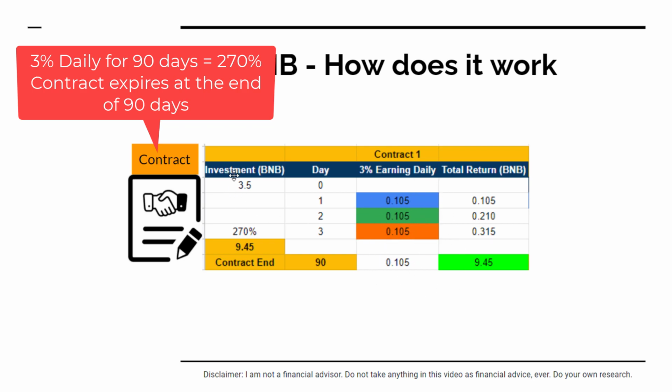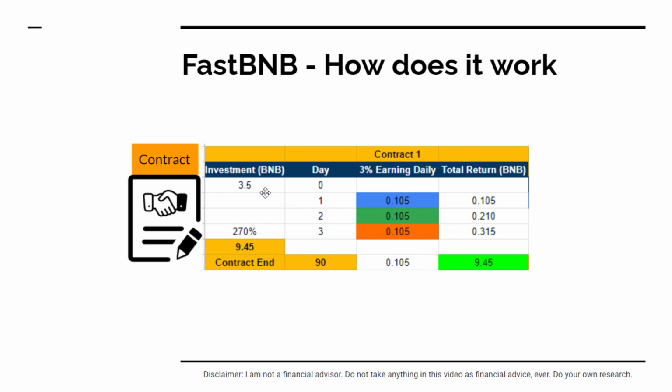Now keep in mind, your initial investment that you started with, 3.5, is a 90 day contract. When it's expired, you don't get your 3.5 back, but instead you get 9.45 back, which is 270% of the 3.5. Assume that when you make a deposit, you are depositing it for 90 days.